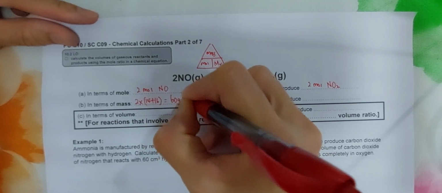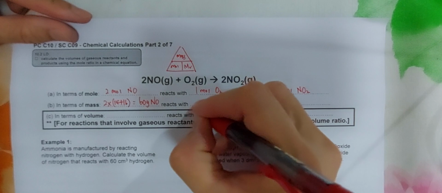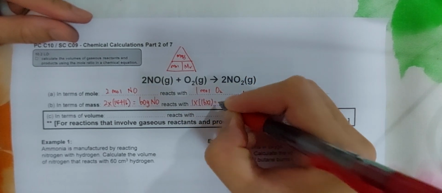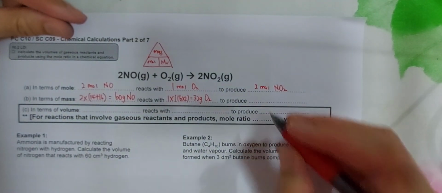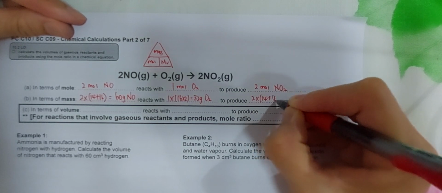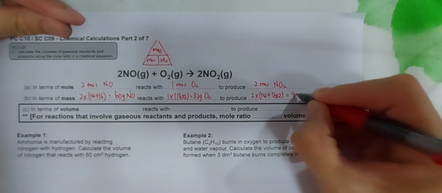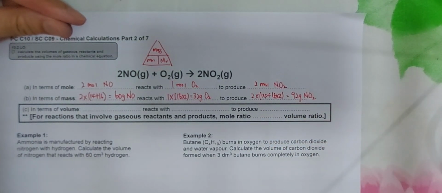So you have 60 gram of NO, and likewise for oxygen, 1 times 16 times 2, which is 32 grams of oxygen, and to produce 2 times 14 plus 16 times 2, that would give you 92 grams of nitrogen dioxide.